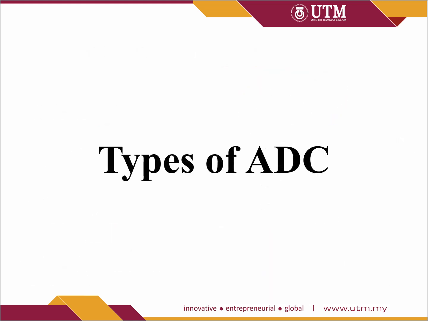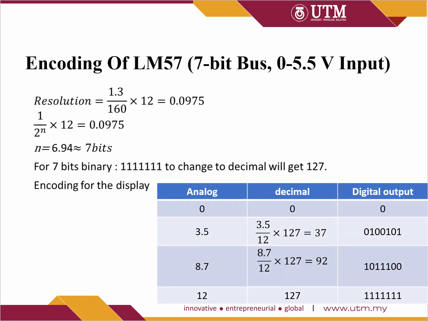Now we will go to the types of ADC, analog digital converter. In this stage we change the signal condition to a digital output to make sure the computer can read it. For encoding of the temperature sensor LM57, we have the accuracy 1.3, the temperature 160, and the voltage 12.